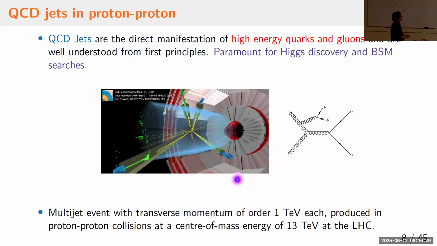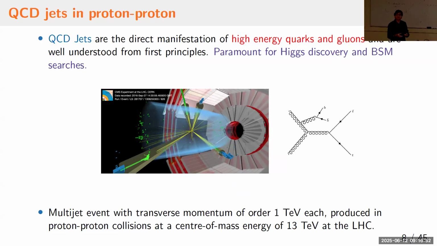As you can see here, you have this 4-jet topology produced in pp collisions by the CMS collaboration. The way we view jets, although they are made of collimated hadrons, is as a reflection of an underlying partonic process.